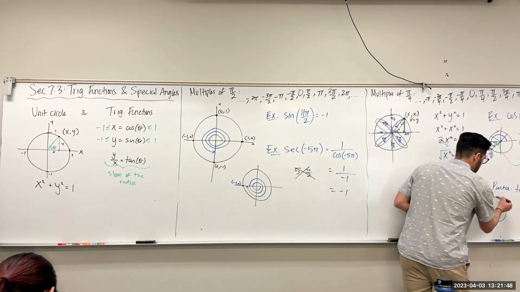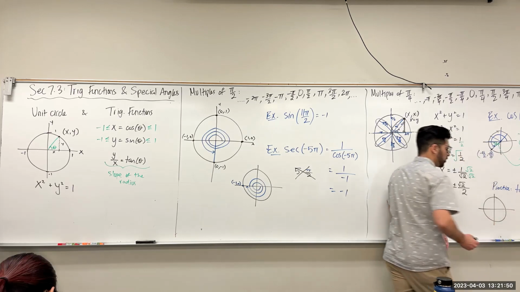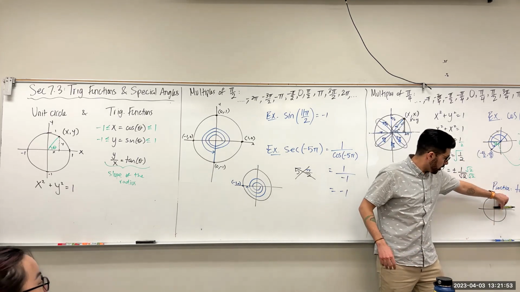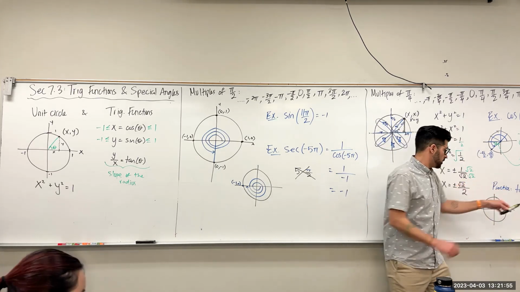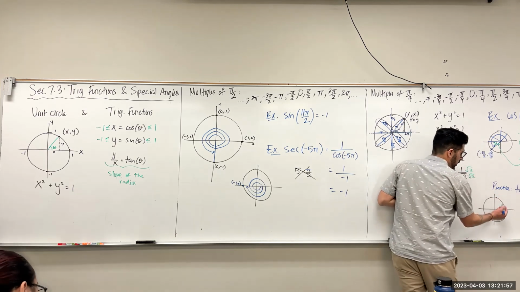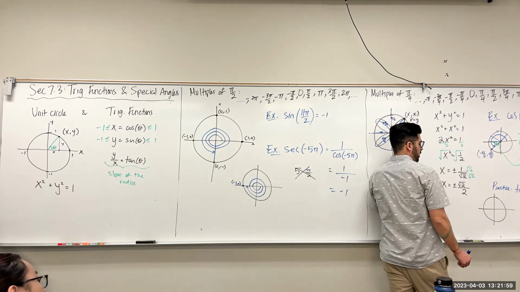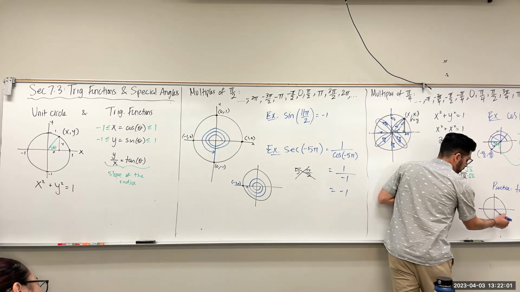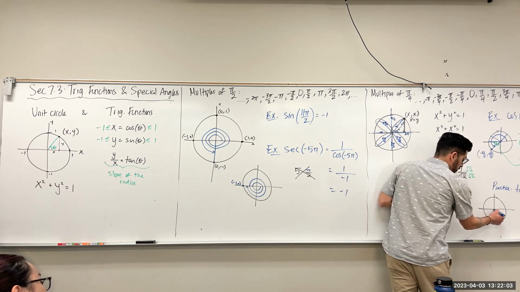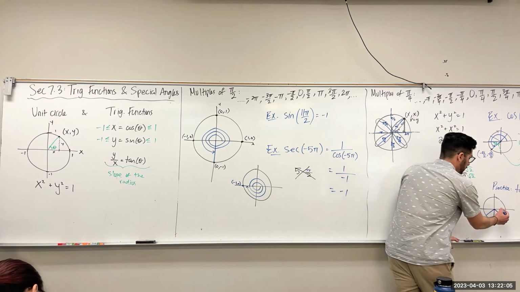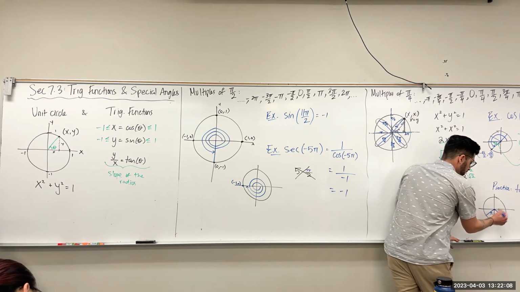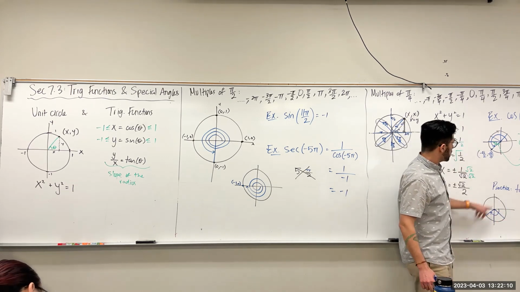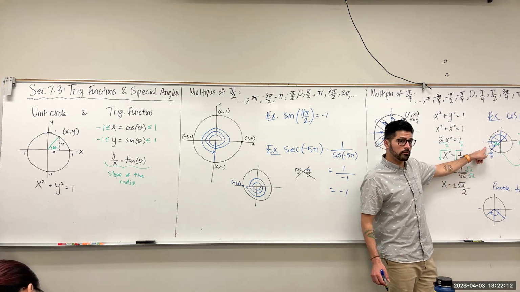All right, guys, let's see. So remember, you always start at angle 0, okay? So from angle 0, how many multiples of 3 pi over 4? 1, 2, 3 pi over 4, negative 3 pi over 4. So you rotate this way, which essentially is exactly this location as well.